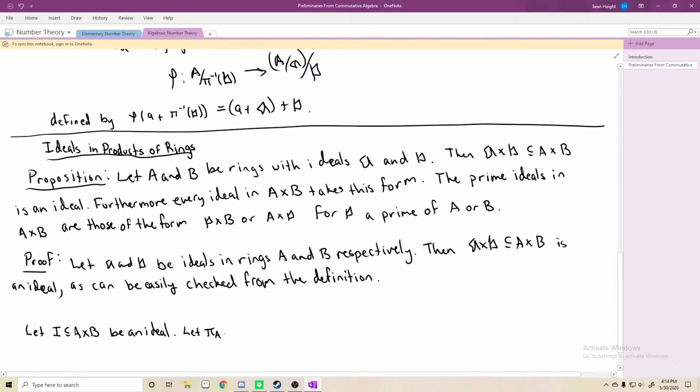Let π_A from A cross B to A, and π_B from A cross B to B, be the projections onto the first and second factors respectively.